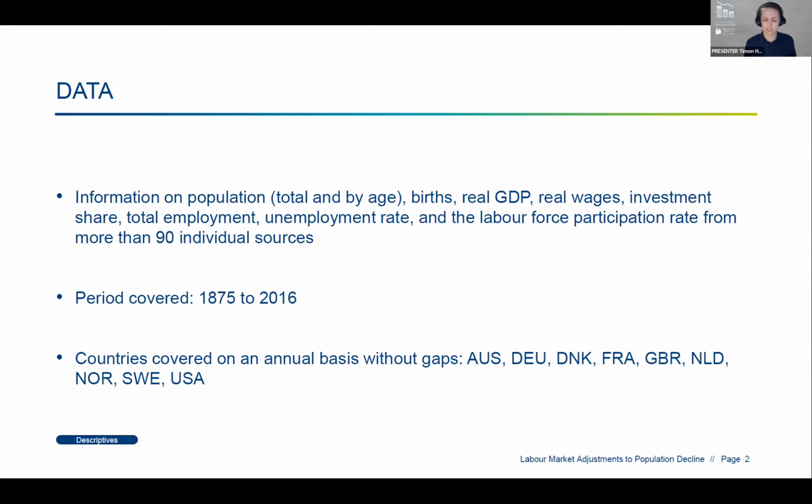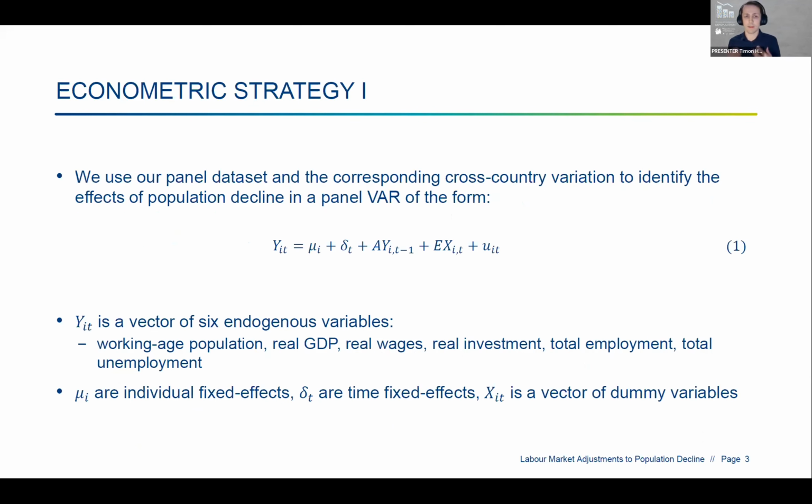So how do we make use of this data? We draw on the cross-country variation which we have in the data and specify a panel vector autoregressive model. Maybe just a warning, the next slide is going to be a little bit technical, and this is really just some ongoing work and preliminary results. We are using a vector autoregressive model with our panel data. On the left-hand side we have a vector of 6 endogenous variables, so basically 6 regression equations.